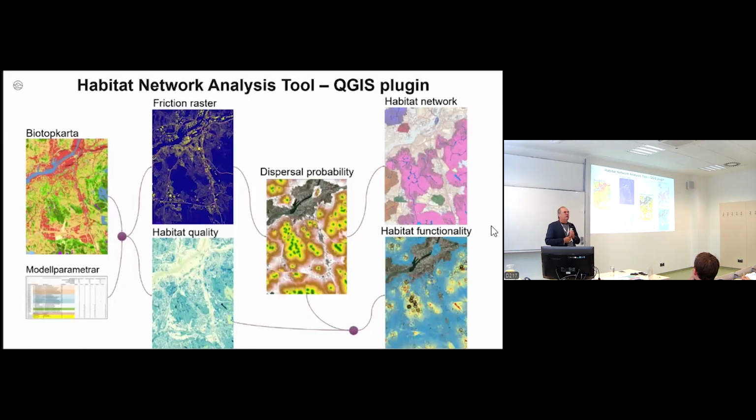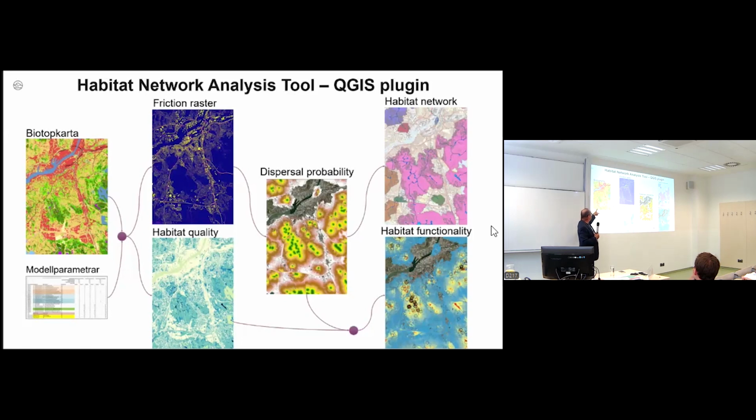In the research program that I have been working with for the last years, we have also developed tools that can do this kind of analysis for many species at the same time.